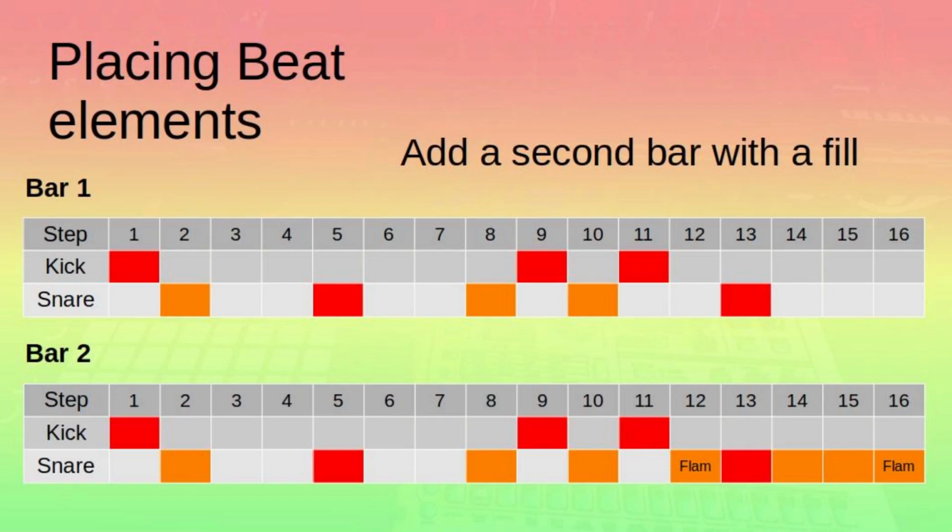To create a fill, we cluster a load of notes around the end of the second bar, and then we use probability and velocity just to tweak them until they come in and give us a little extra fill at the end of that bar.